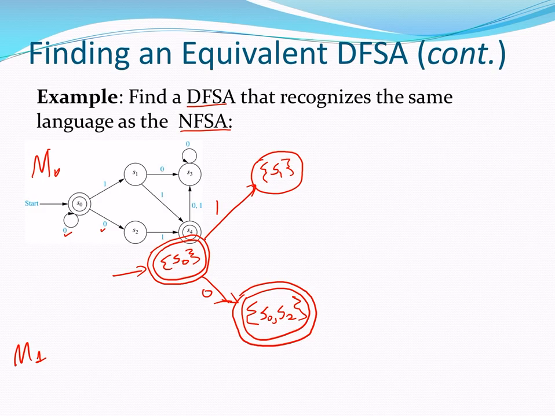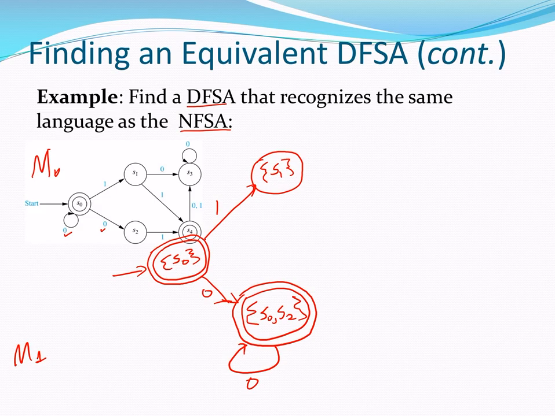Okay, so now in M1, if the state containing S0 and S2, if a 0 comes in, in M0, S0 goes to S2, S2 goes nowhere, S0 also goes to S0, so this will stay in that state for M1.